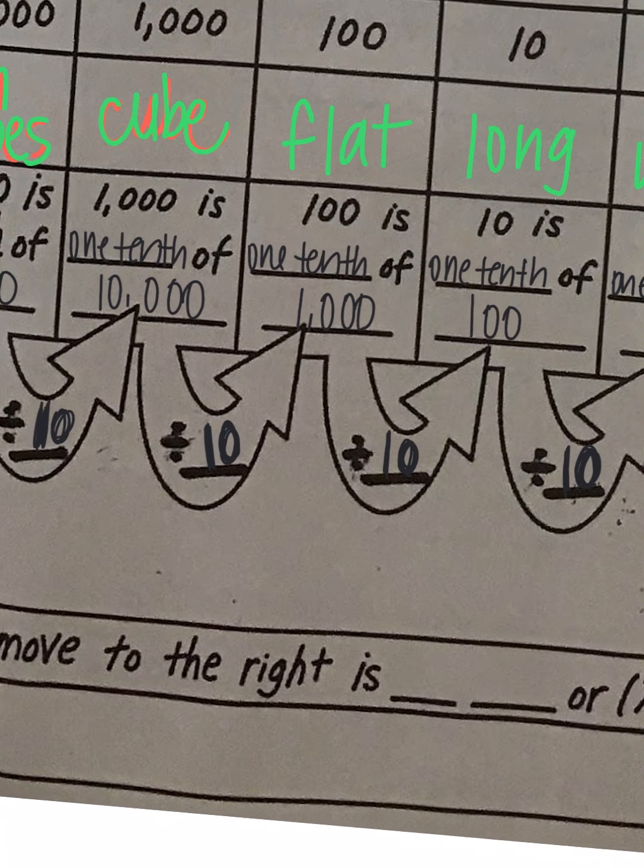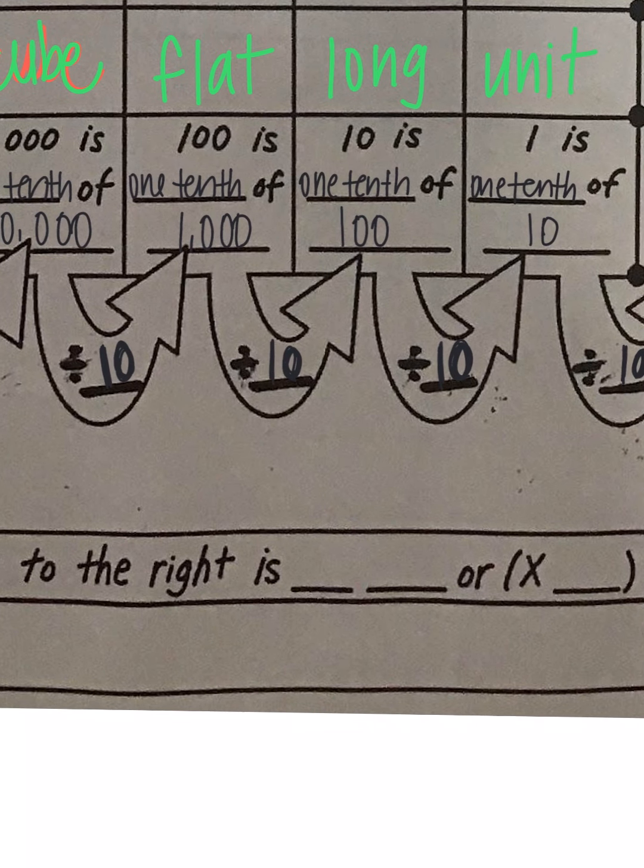Something that I want you to notice is that each move to the right is 1/10, or, and we're going to put times 1/10, which is the same as, what have we been doing in each of these arrows? Dividing by 10. These two things are the exact same thing. You're right.